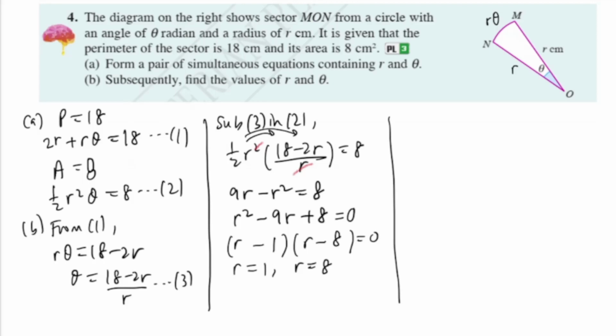Now we're going to take these values and sub inside theta. When you sub inside equation 3, when r is 1, theta is 18 minus 2 times 1, over 1. So this is 16. Can your theta be 16 radians? That is quite impossible, right?